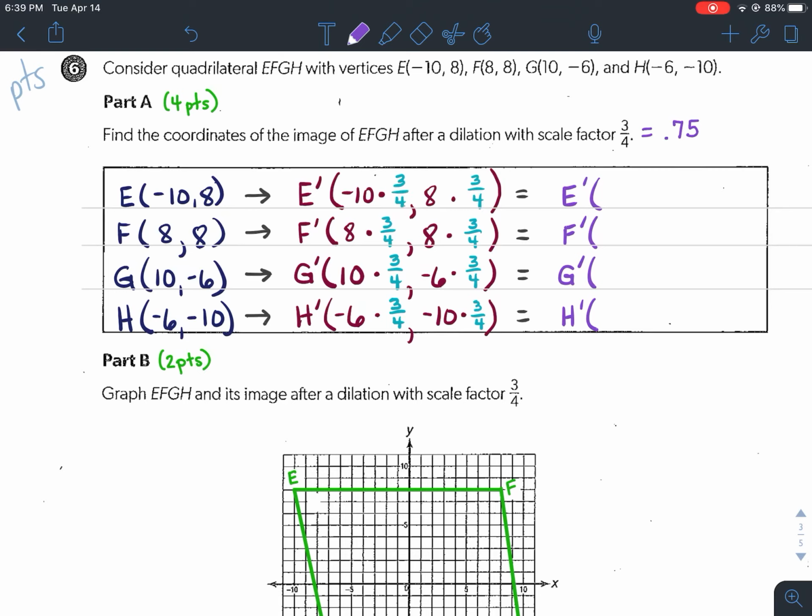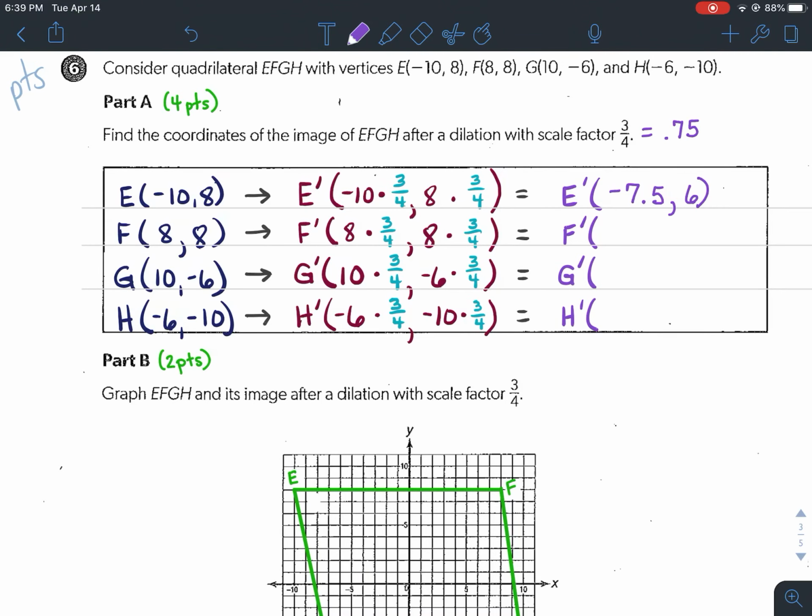So, if you take -10 times 3/4, you would get -7.5. And then 8 times 3/4 is 6. I'm going to help you with E prime and H prime. You're going to be on your own for the other two.